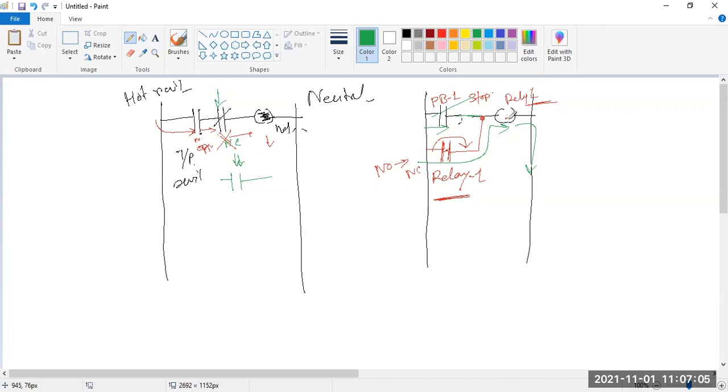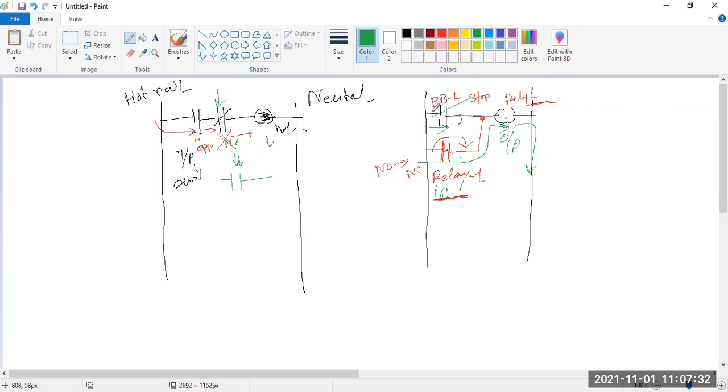Once relay 1 is energized, the same name nomenclature is there for this input. Look, this is the output and this is the input. But this input is energized depending on this relay. Once the relay is energized, current will flow through this path, and once a parallel path is made, it continuously provides this current.